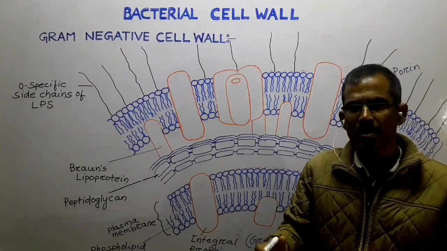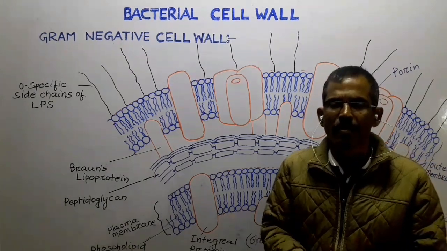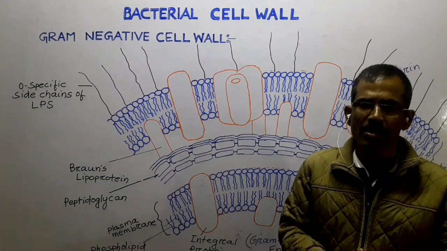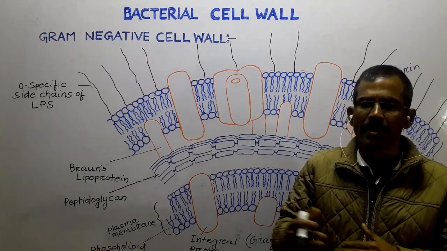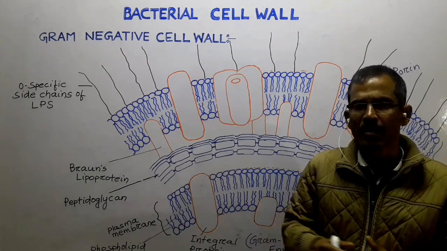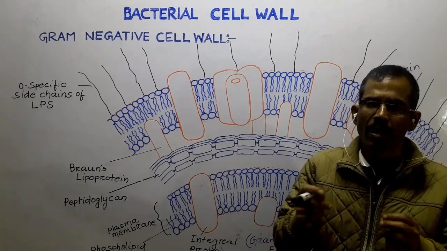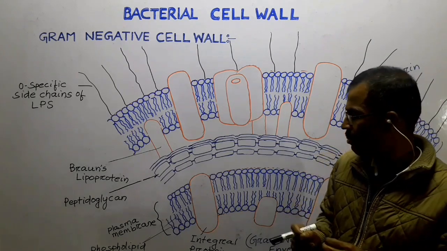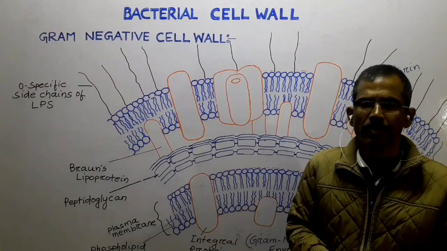The periplasmic space is filled with a substance called periplasm. The composition of periplasm in gram-negative bacteria is different from that of gram-positive bacteria. Sometimes in gram-positive bacteria also, a periplasmic space is seen between the plasma membrane and the cell wall.